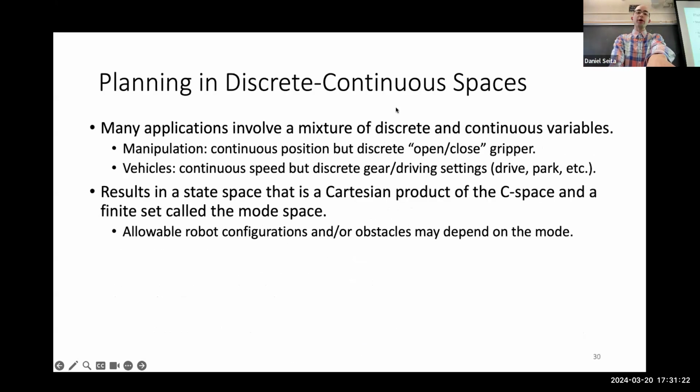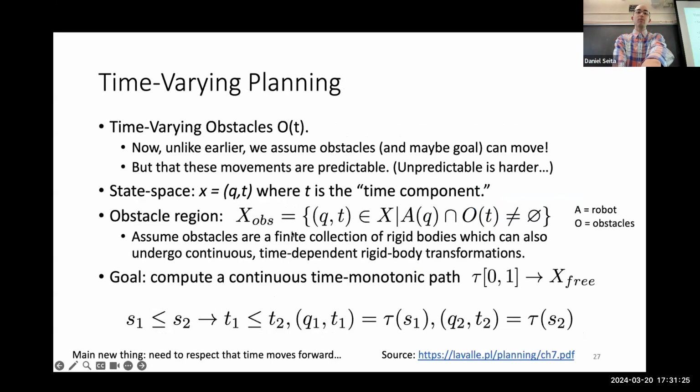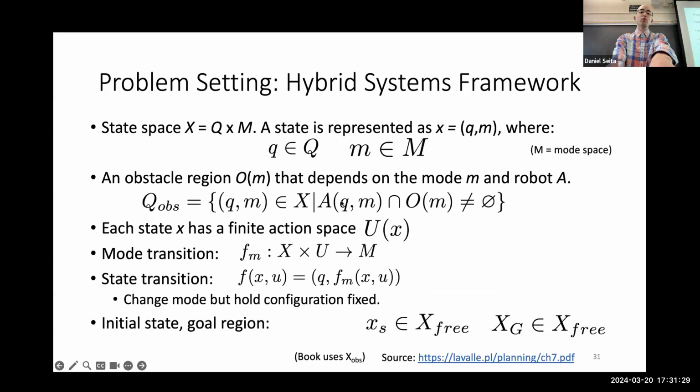Before we were talking about (Q, T), and here we're talking about (Q, M). Then there's this obstacle region O_M that depends on the mode. So again it's mode dependent, just like before it might have been time dependent.